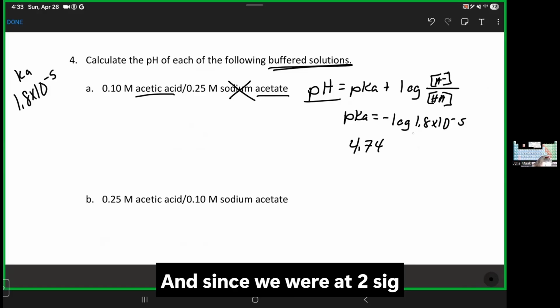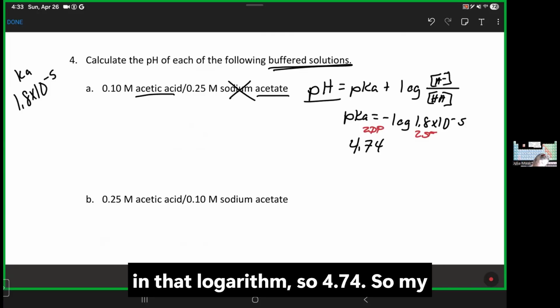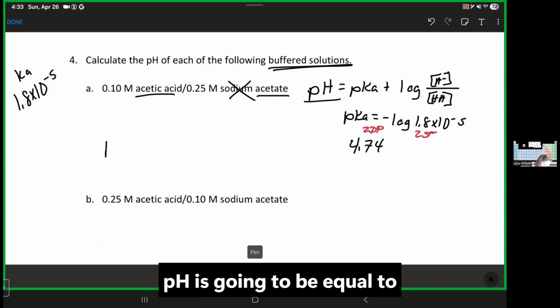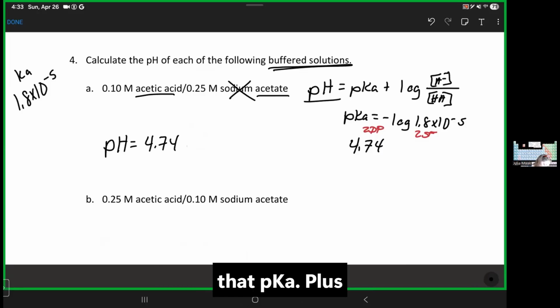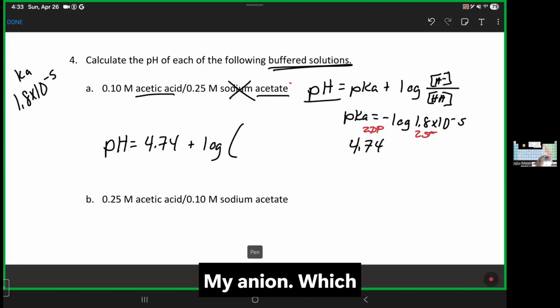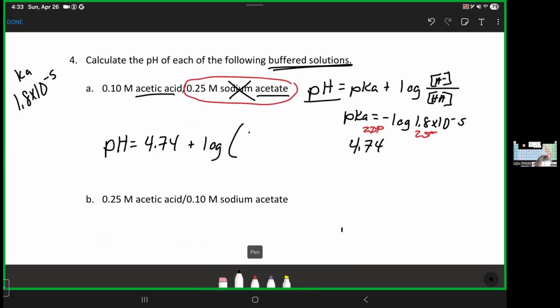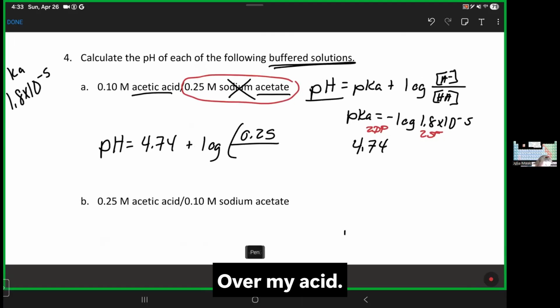And since we're at 2 sig figs here, we want 2 decimal places in that logarithm. So 4.74. So my pH is going to be equal to that pKa plus the log of my anion, which is the acetate, over my acid.